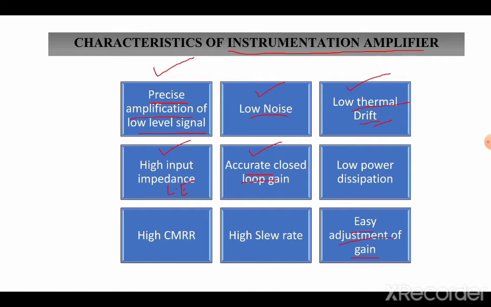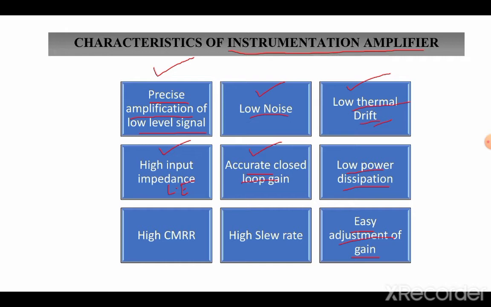When we vary the value of the potentiometer, the gain can be easily adjusted. Now the next characteristic is low power dissipation. The power consumption should be as low as possible so that it produces less heat and can improve battery life if it works on a battery.